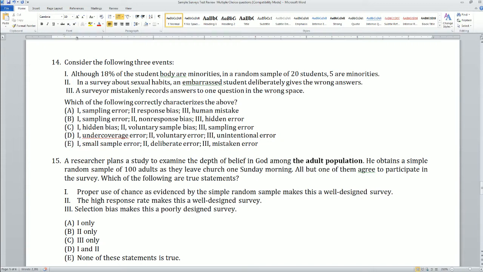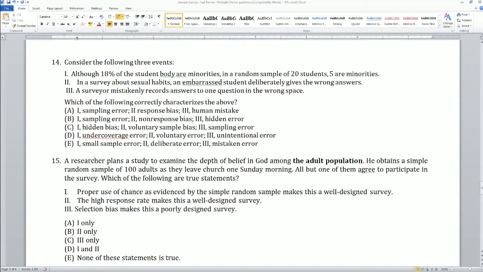A. One sampling error, two response bias, three common mistake. A. Correct.